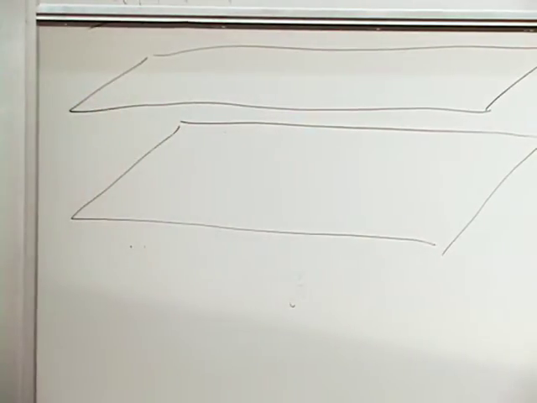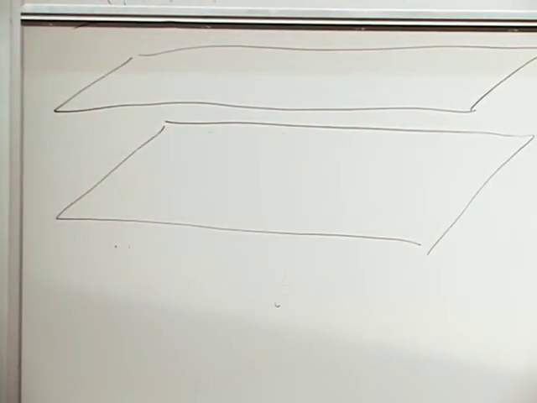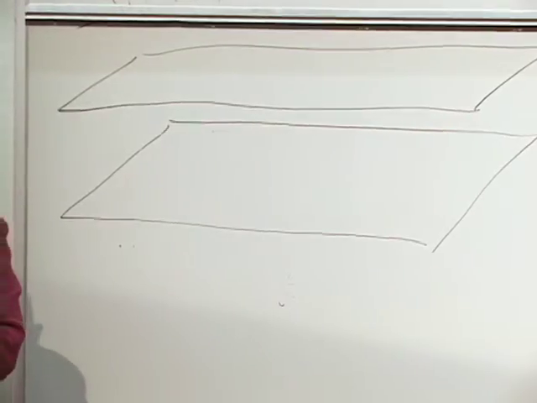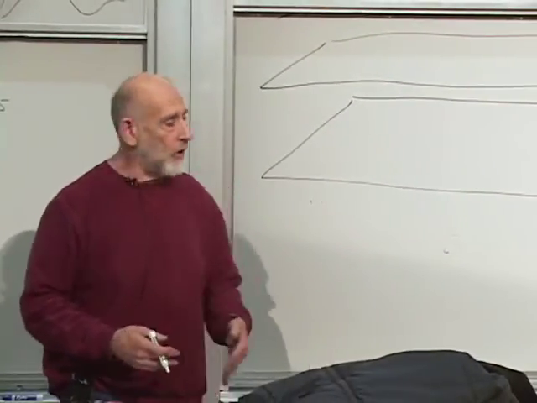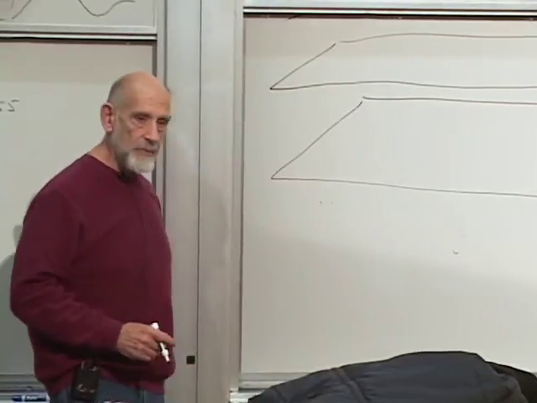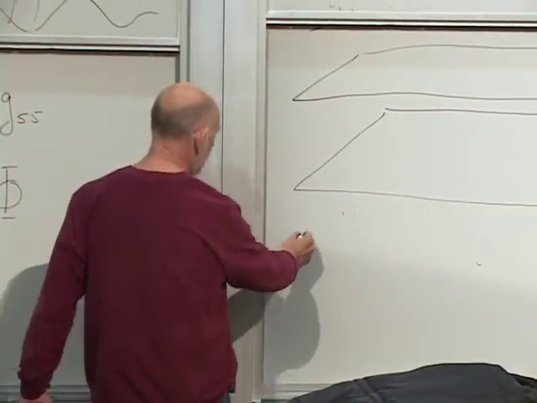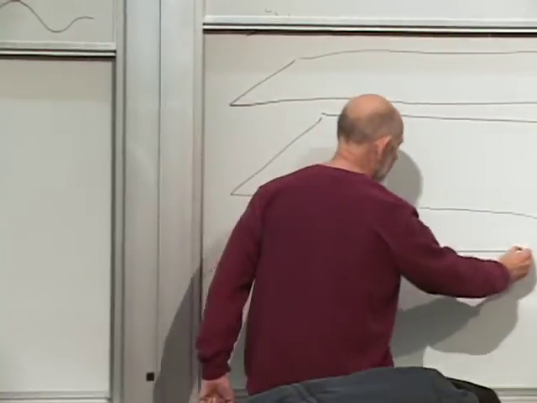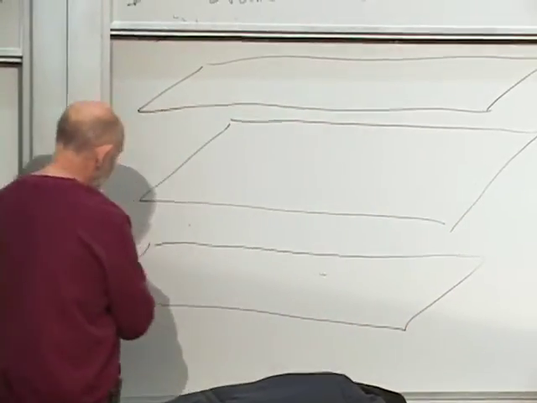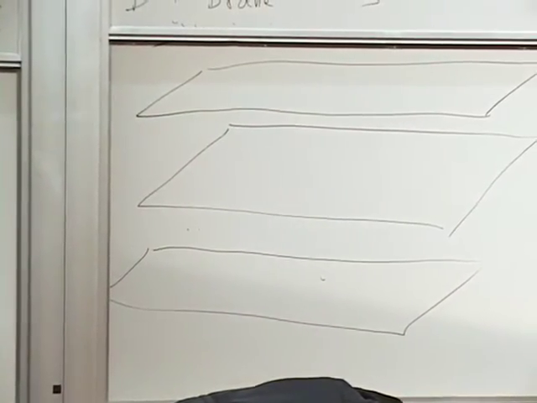Here's two branes parallel to each other. You can move them closer and closer until they touch, in which case they just form a compound brane, or you can leave them separated. Let's leave them separated for a moment. Let's put three of them in just for fun. Three parallel branes like that.